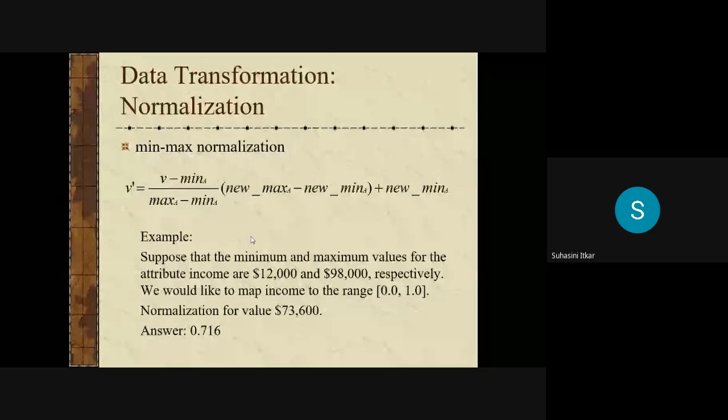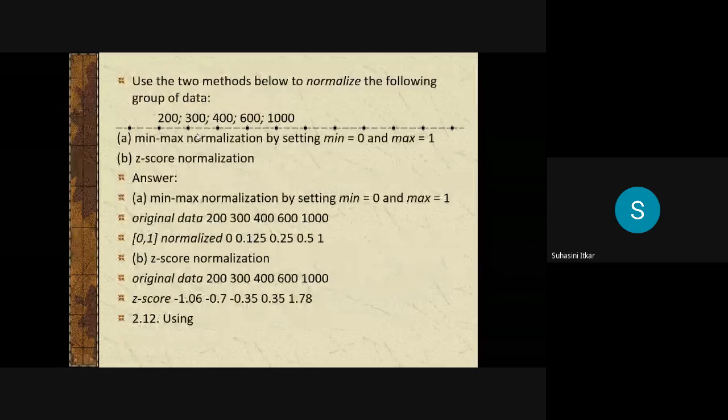So this whole data set is normalized in the range of 0 to 1. 200 gets converted into 0, 300 on the scale of 0.125, 400 on the scale of 0.25, 600 on the scale of 0.5, and 1000 to 1. So we have mapped all these values on the scale of 0 to 1. Is it correct?